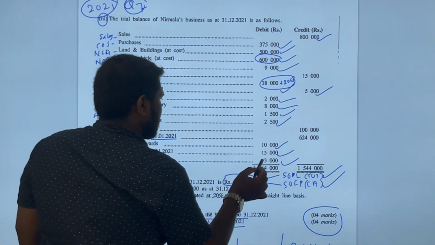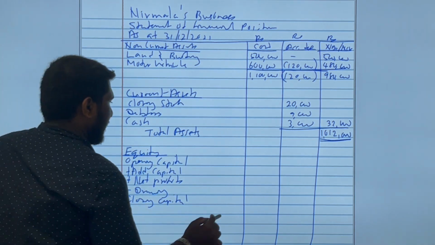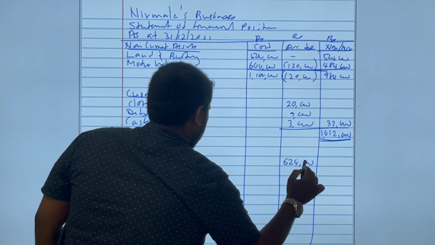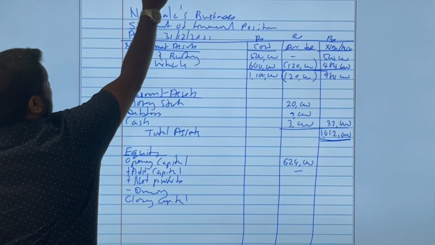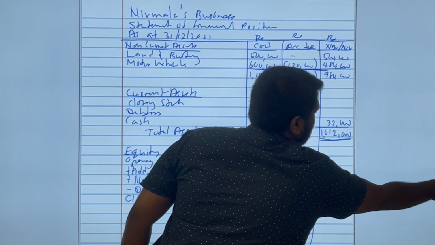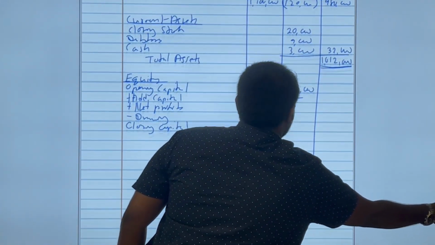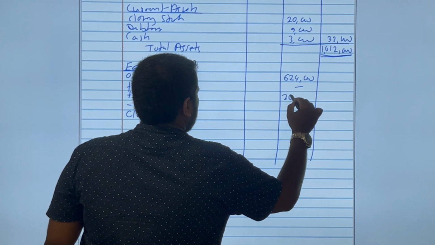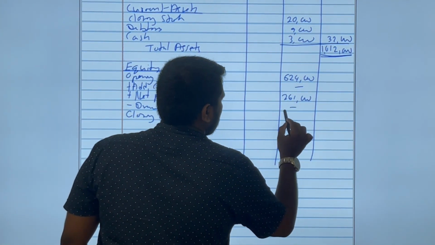Capital is 624,000. In this question, we didn't have any additional capital. Net profits we calculated, 261,000. No drawings in this question.